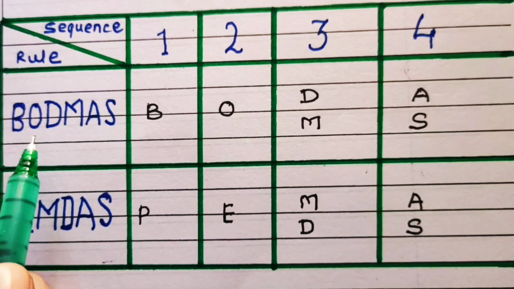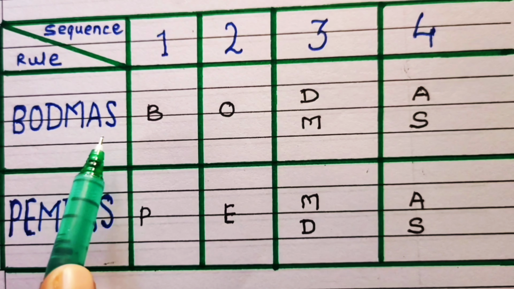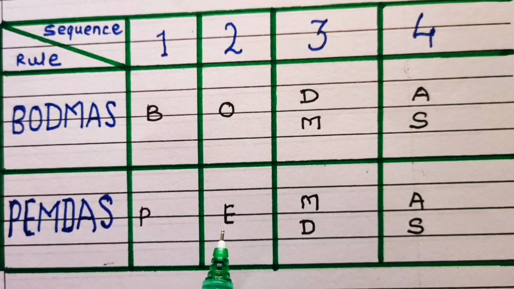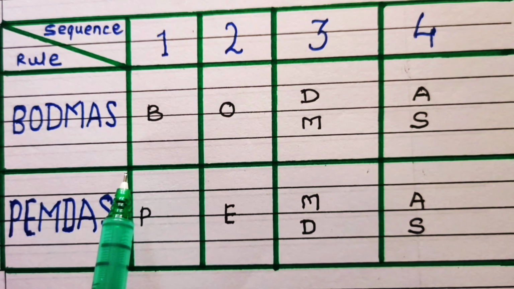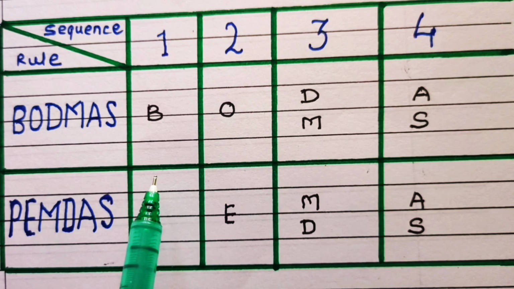The BODMAS rule is used in India and the UK, and the PEMDAS rule is used in the US and France. Now let us know about the similarities of these two rules. Both acronyms represent the exact same order of operations.